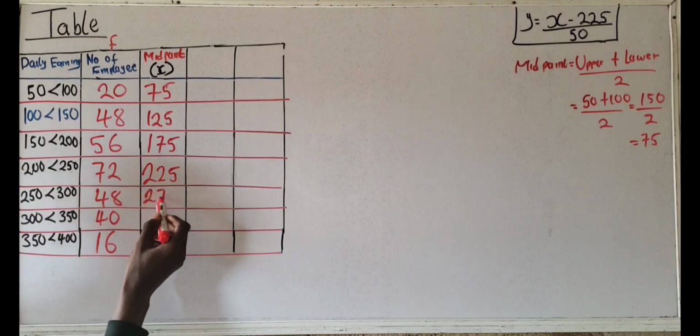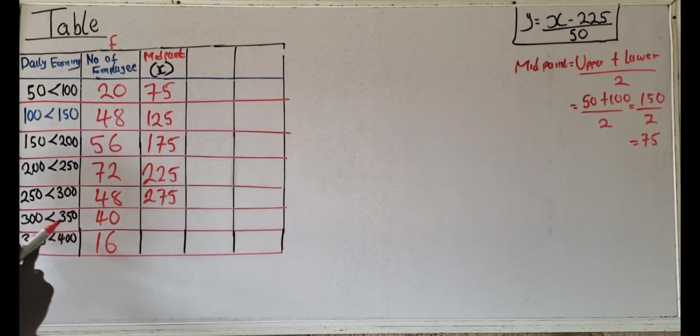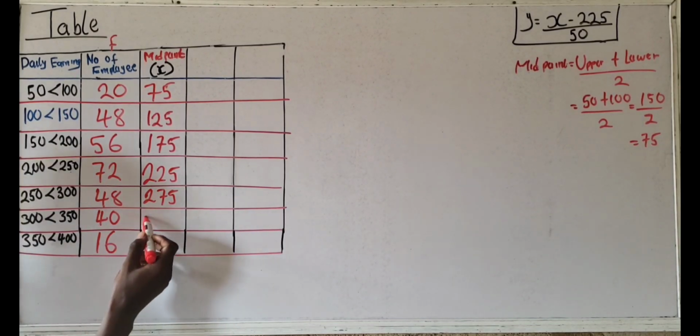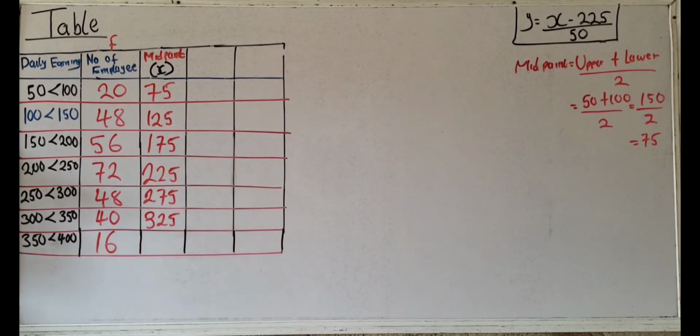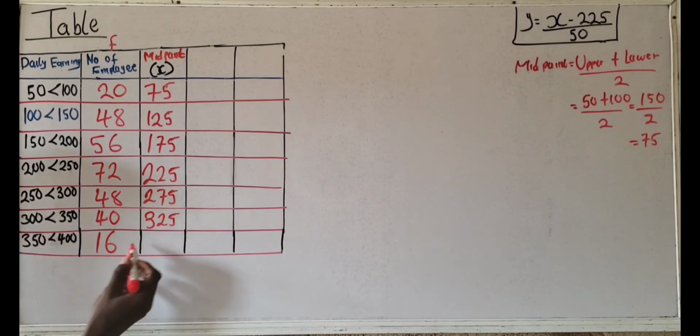Okay, 275. Now, for this, I'm going to add 350 and 300 together. 350 plus 300, that is 650. 650 divided by 2, that is 325. 325. Now, here, add 400 and 350 together, that is 750. 750 divided by 2, that is 375 as well.